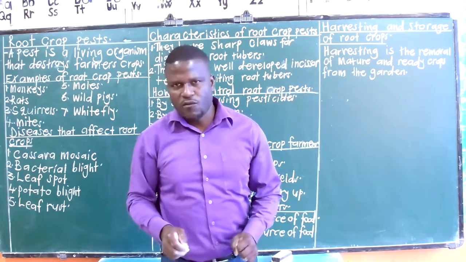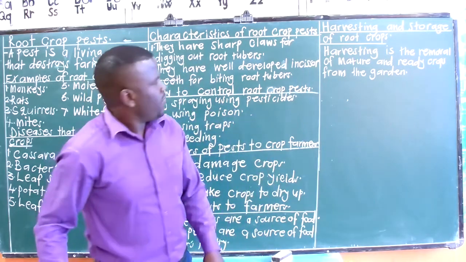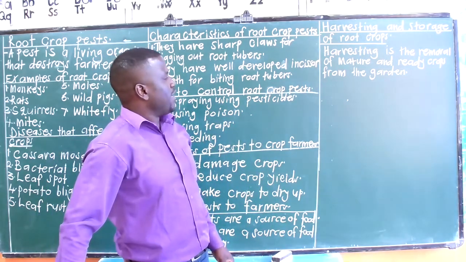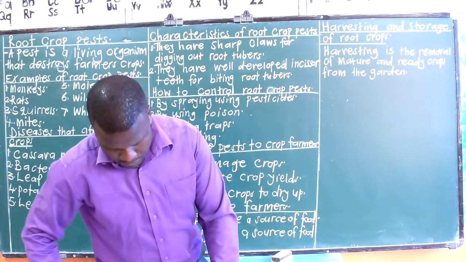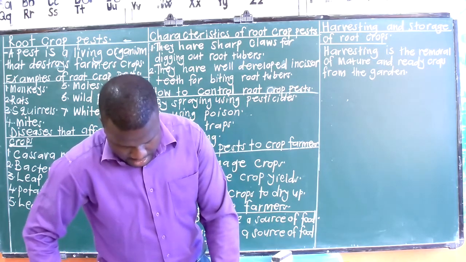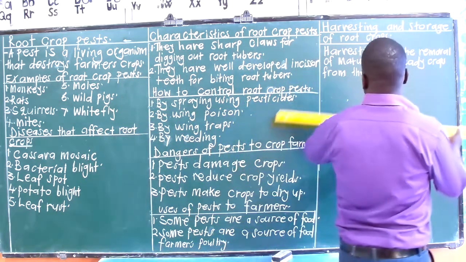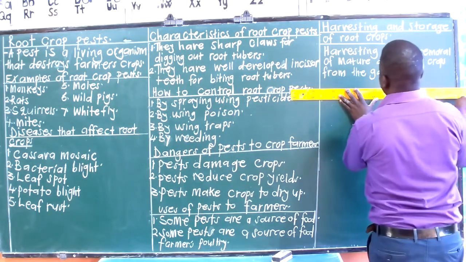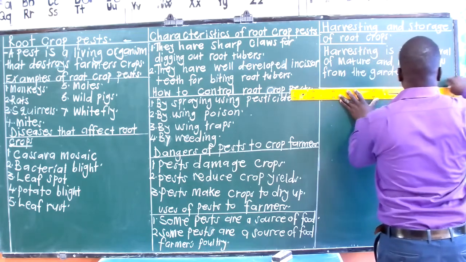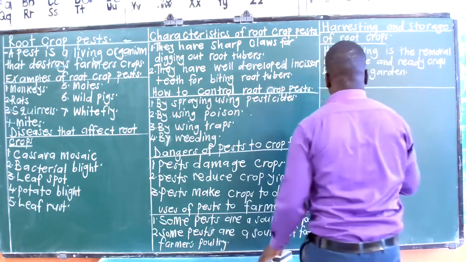Harvesting is the removal of mature and ready crops from the garden. How can root crops be harvested?